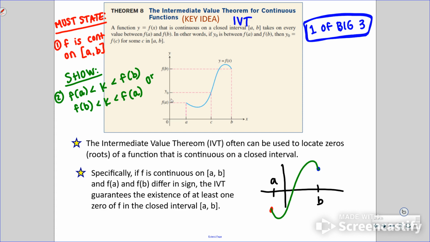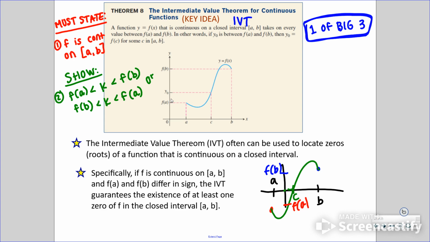F of a is a negative value, so it differs in sign. F of b is a positive value, so obviously 0 lies between that. So we can always trace it back to some value in that interval that's going to give us that output, is basically what it's used for.